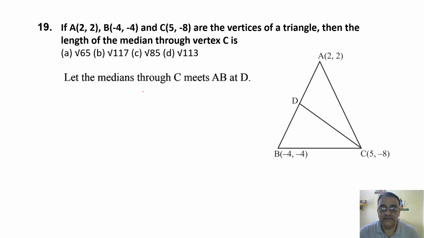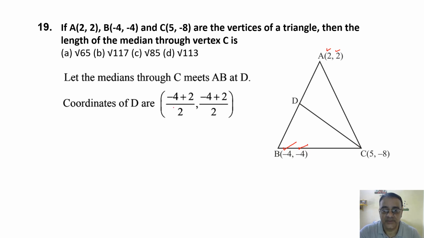So let the median through C meet AB at D. So the coordinates of D will be (-4 plus 2) by 2 and (-4 plus 2) by 2. Both are same. So -2 by 2, that is -1. This is also -1.